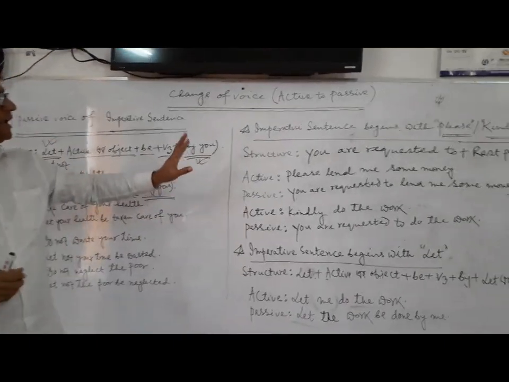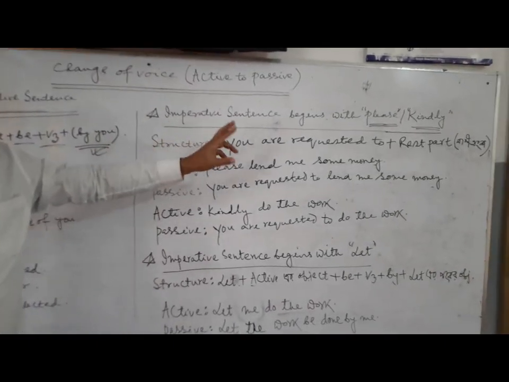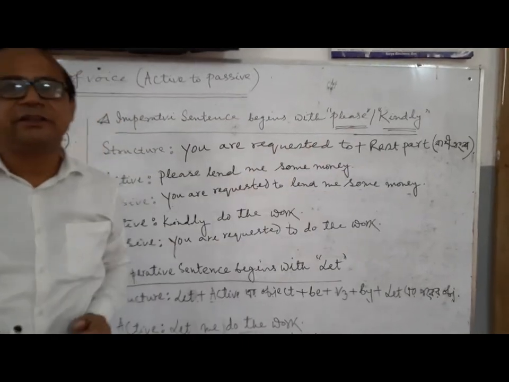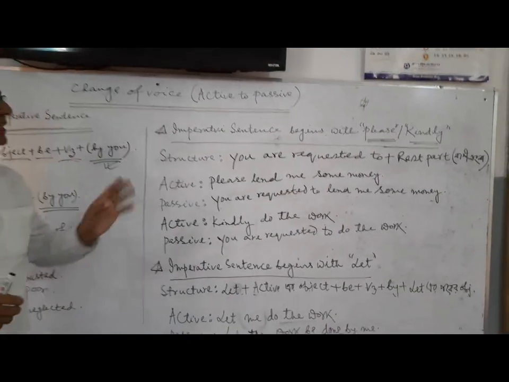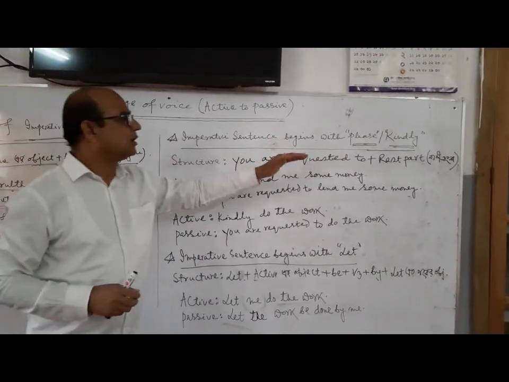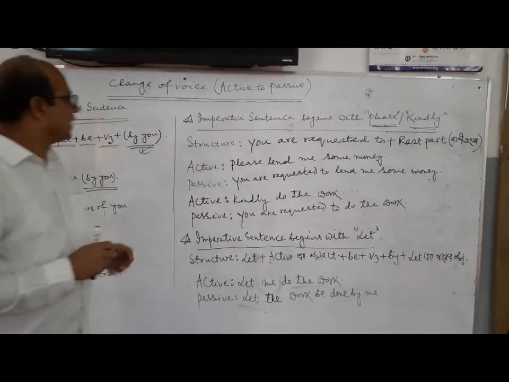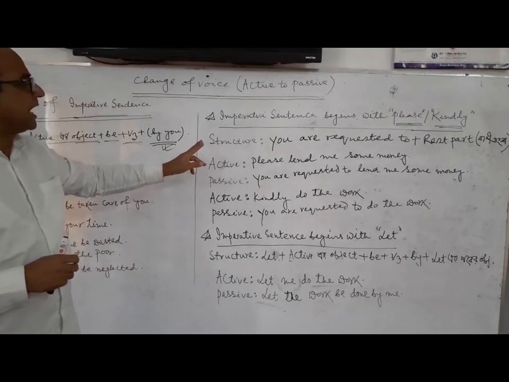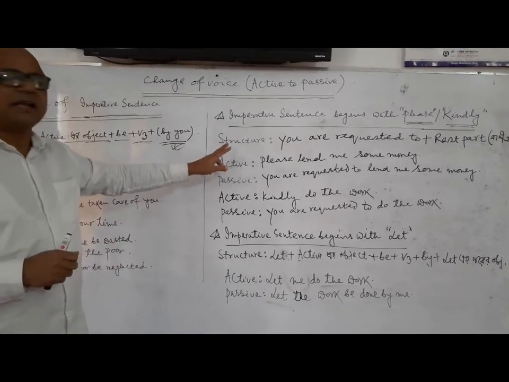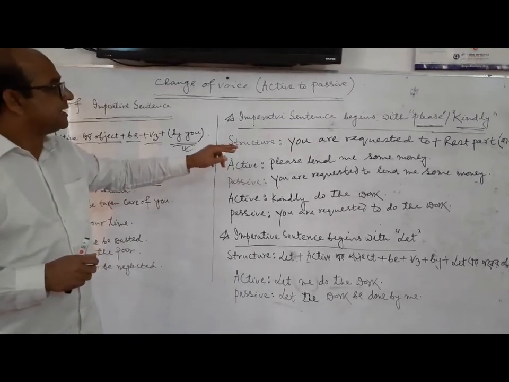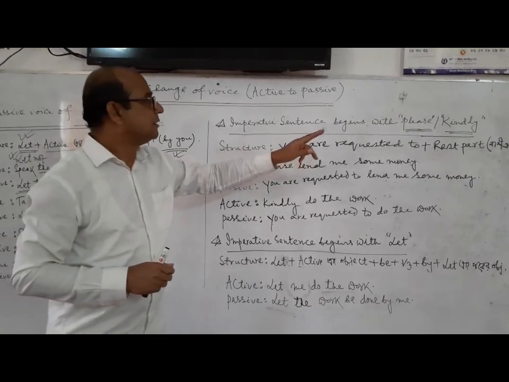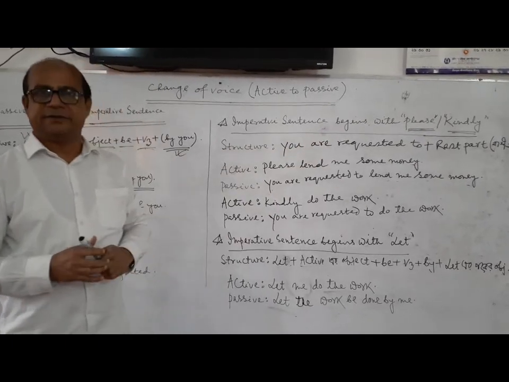Students, an imperative sentence may begin with please or kindly. You know, with the word please or kindly, we request somebody to do something. So here I have given a structure if the sentence begins with please or kindly.